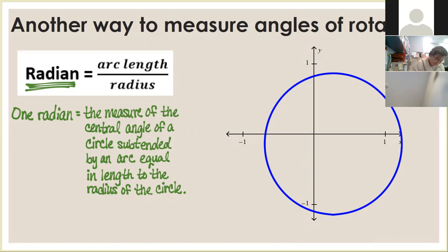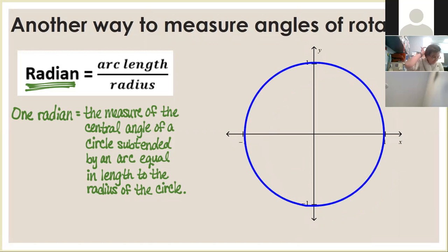Having difficulties with my circle tool here. There we go. That's close enough. So I've got my circle drawn here, going from the center to the edge.